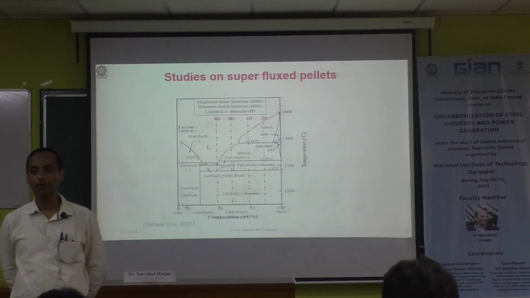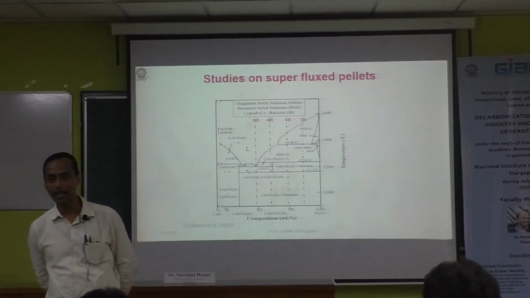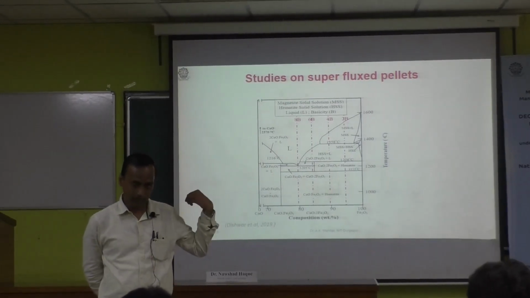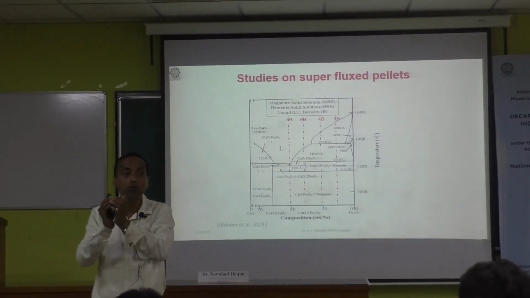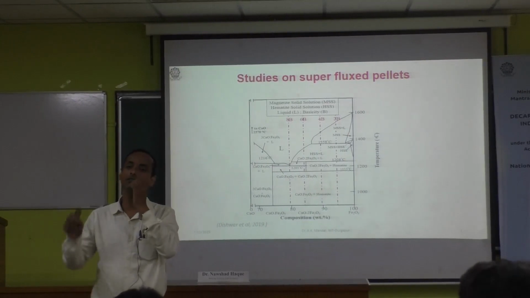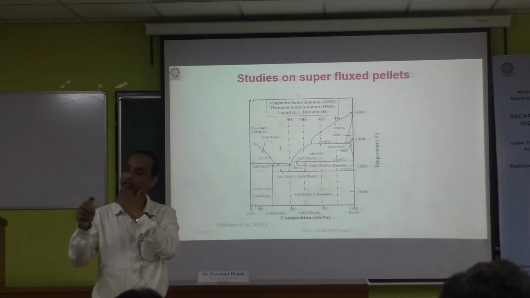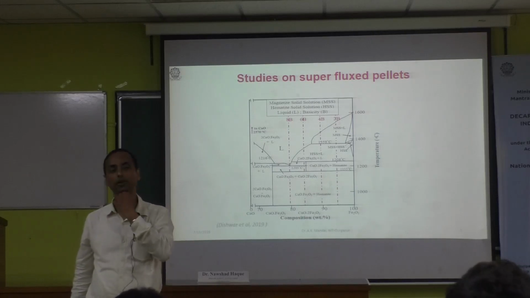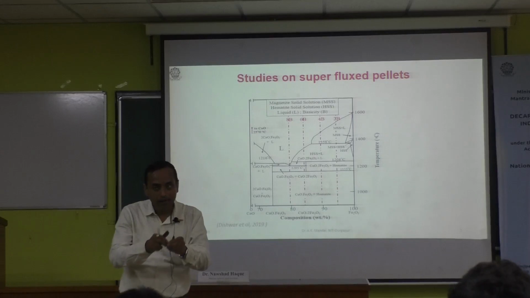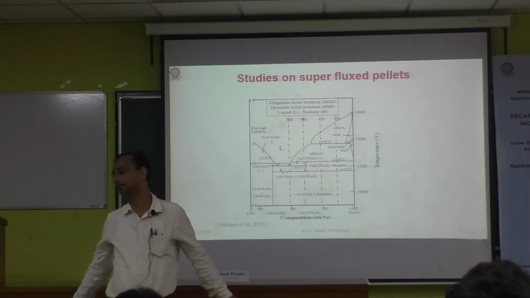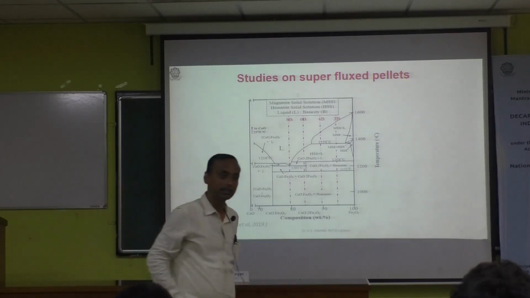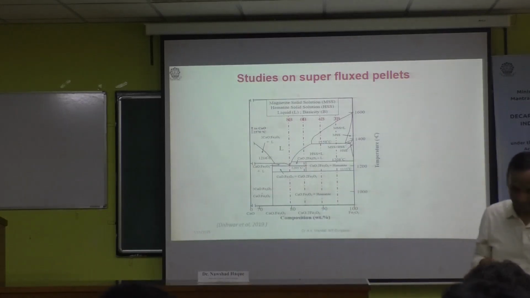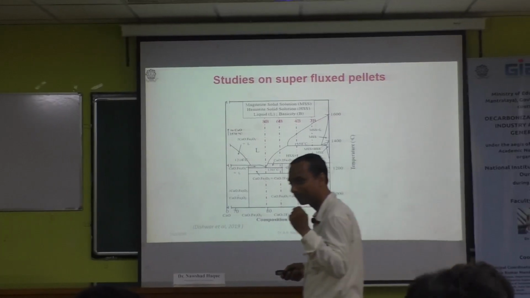When you increase the lime content, it will form a fluid slag. If there is no lime, the slag will be viscous in nature. If there is some lime, the slag will be fluid in nature. Then this slag will try to come out from the pellet.